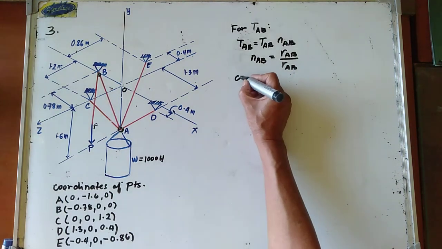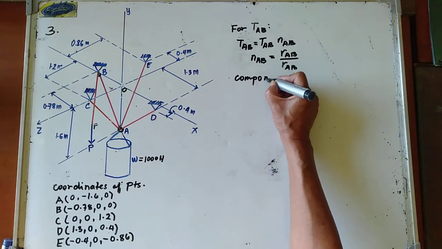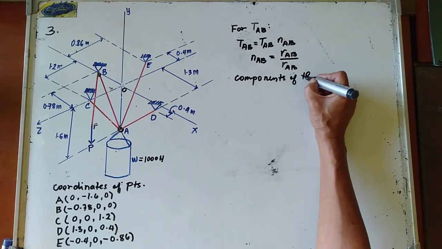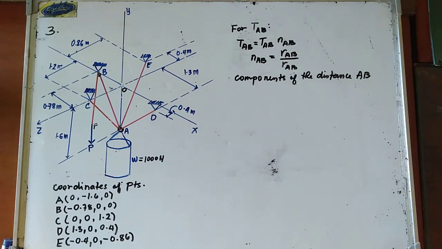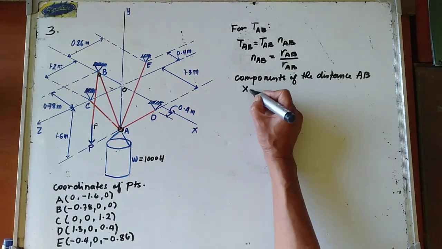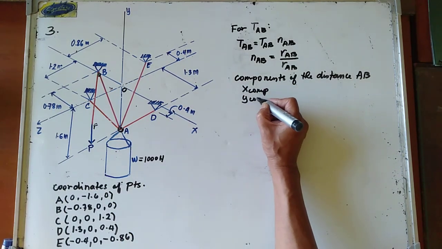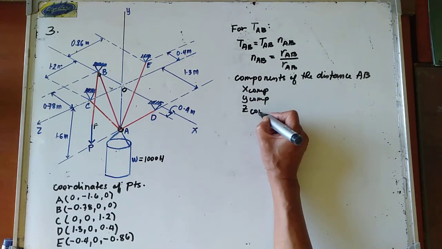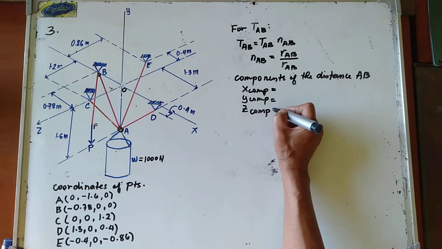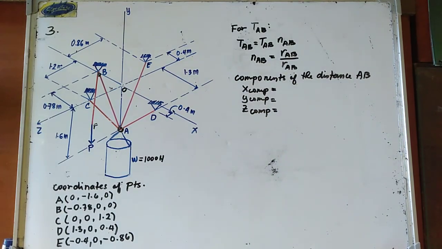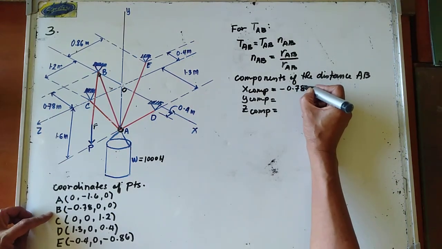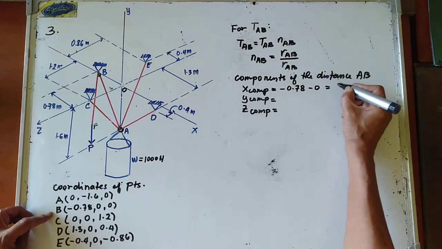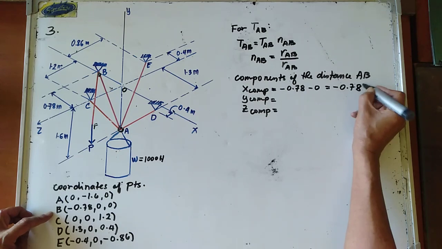So again, let's try to get the components of the distance AB, that is from point A to point B. So we have your X, your Y, and then your Z. So that is TAB, so that is B minus A. Okay, B minus A, so we have minus 0.78, that is minus 0, is negative 0.78.